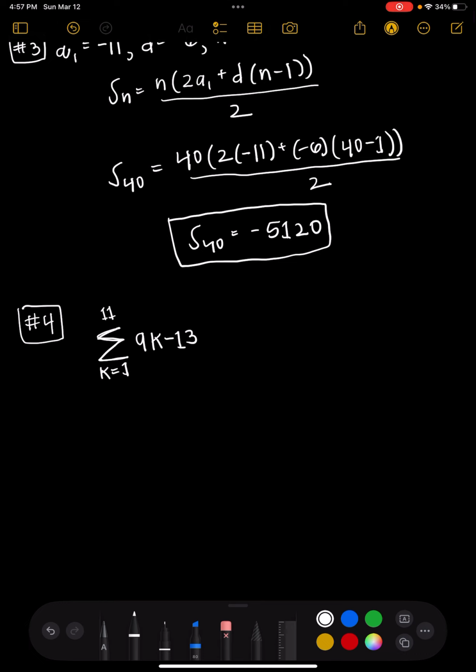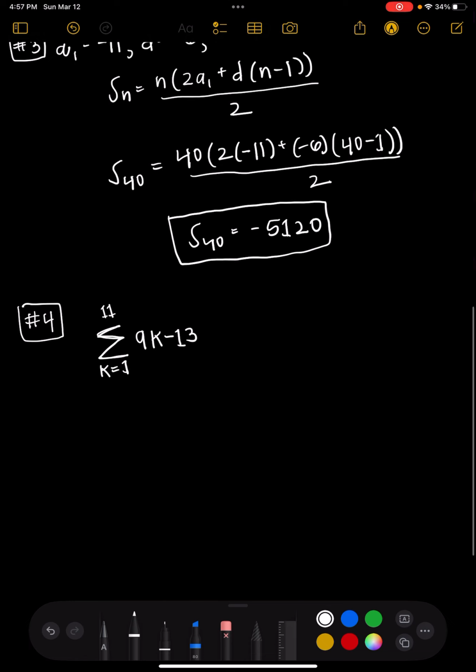So that's one option. Totally good option. I have no problem with that. But it might take a little bit of time, so instead we're going to use a formula from up top. The formula I want to use is n times a1 plus an, all divided by 2. Now n, in this case, will always be this top number, 11.